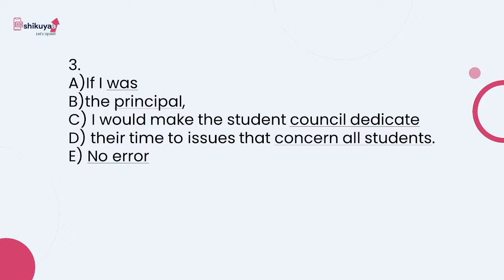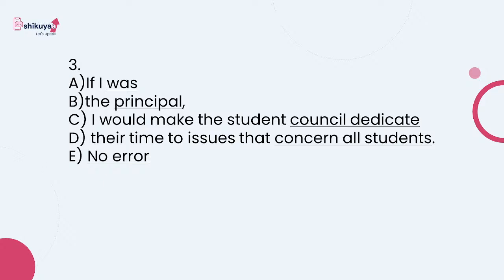So students, that is very important here. It should be if I were. Suppose he is there, then there also you can say if he were. This is the important point here. And let's see the remaining part of the sentence. Part B, the principal, there is no grammatical mistake. Part C, I would make the student council dedicate.